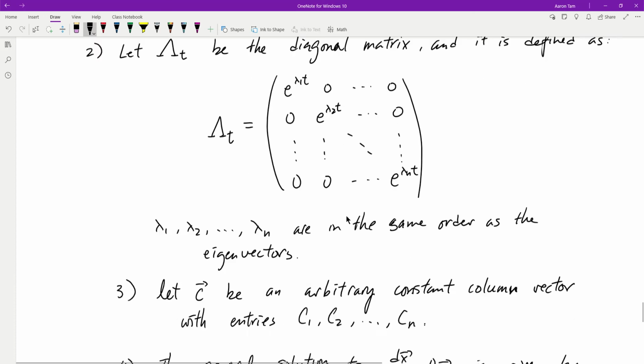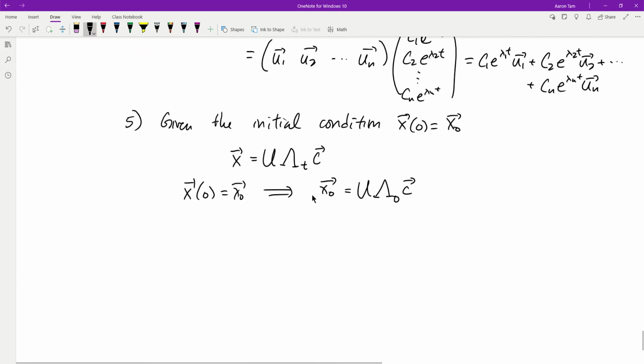And that would actually turn it into the identity matrix. So something important to understand is that lambda sub 0 is always equal to the identity matrix. So therefore, x sub 0 would equal U times the identity matrix times vector c. And that just simply means the matrix U multiplied by the vector c.